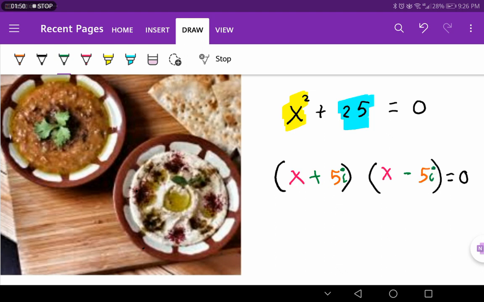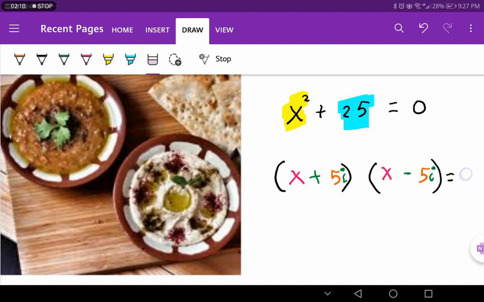So if it is the sum of two squares, you have to add i in the second part of the parentheses. If you have a minus, you know what to do. Are you happy with that?